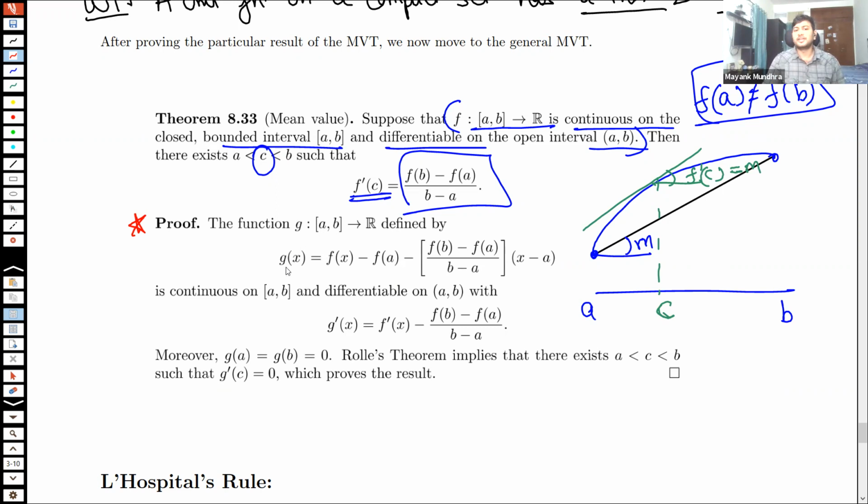All right, so you define a new function g of x, which is f of x minus f of a into f of b minus f of a upon b minus a into x minus a.